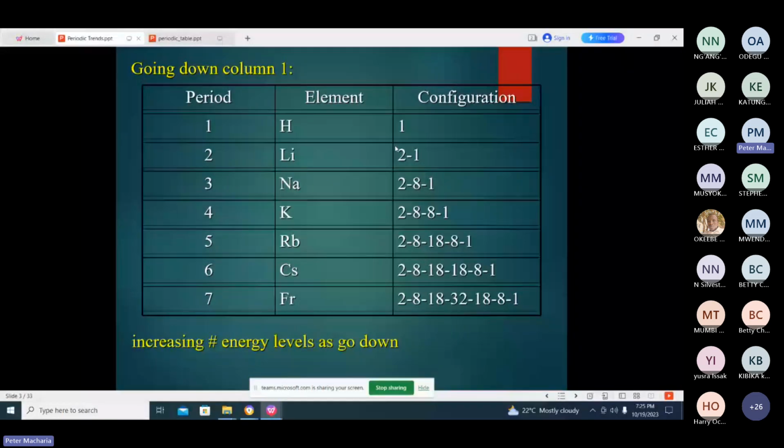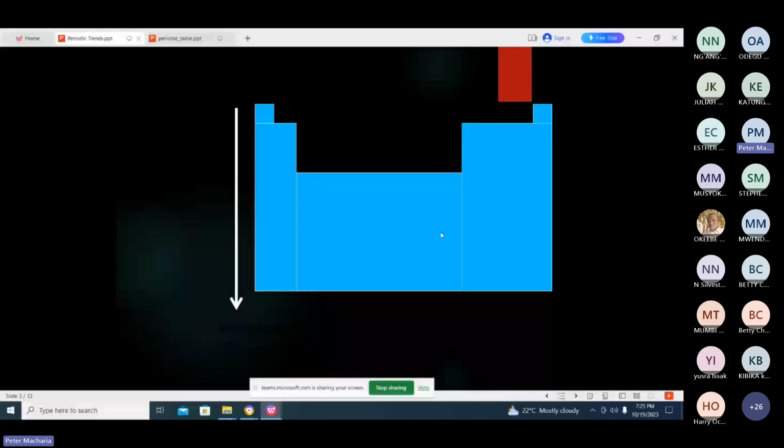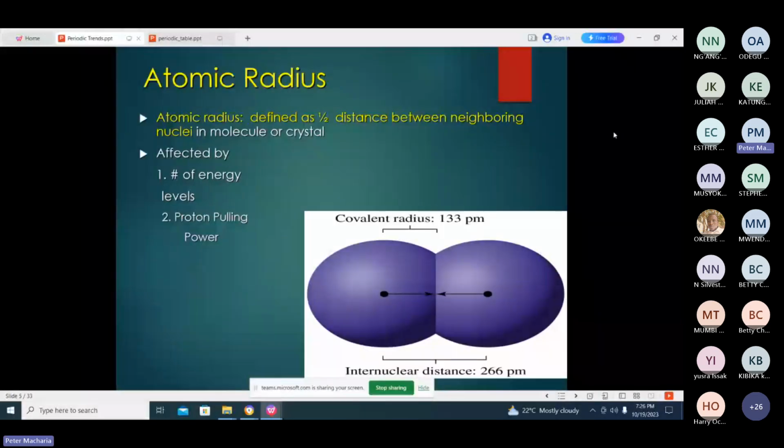As you go down a group, each step down increases an extra orbital, an extra principal quantum level, meaning it increases the distance of the outermost electron from the nucleus to the shell it is occupying, right? And that distance from the nucleus to the outermost electron is what we call the atomic radius, right?